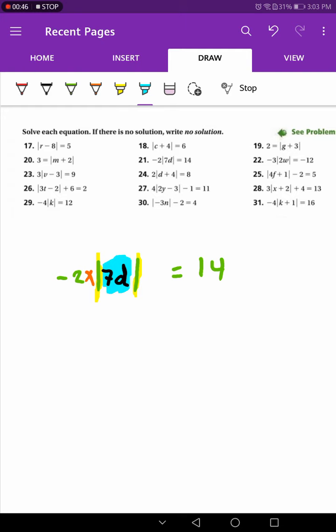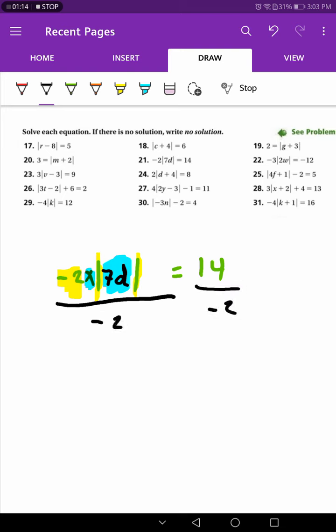In this case, it is negative 2, as you see. The relation between the negative 2 and the absolute value quantity is multiplication, and the inverse of multiplication is division. So I will divide the left side by negative 2 and the right side by negative 2.